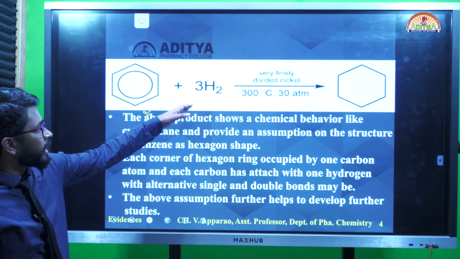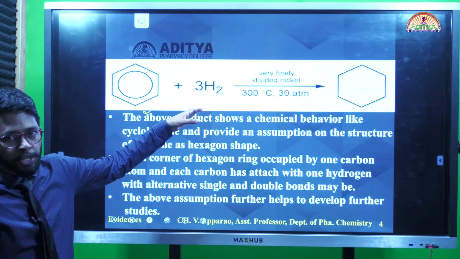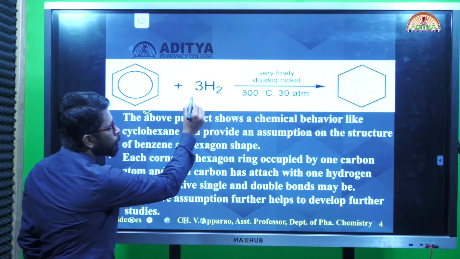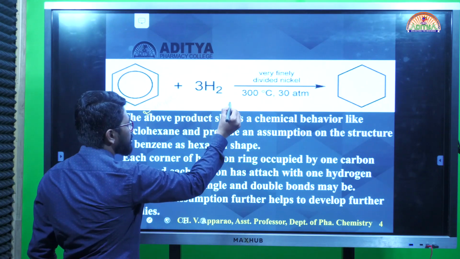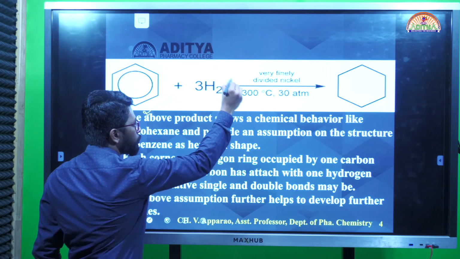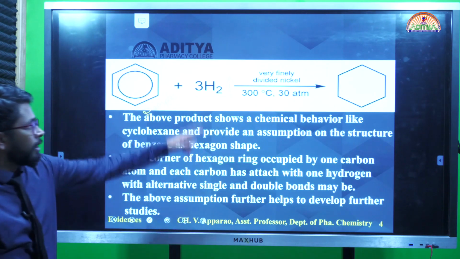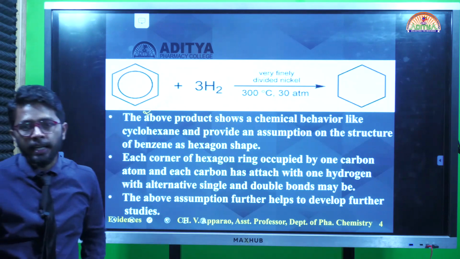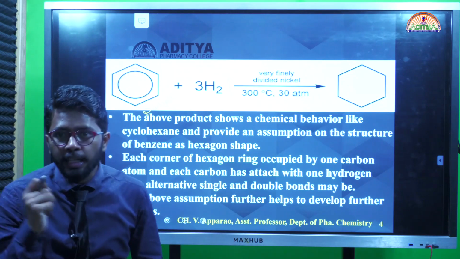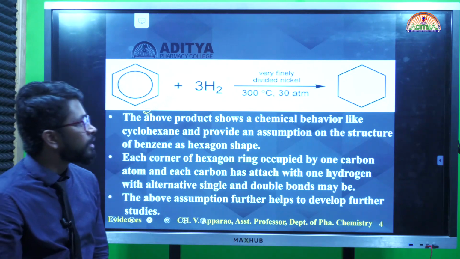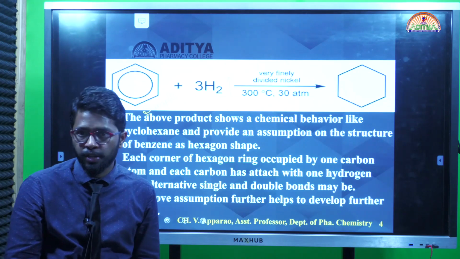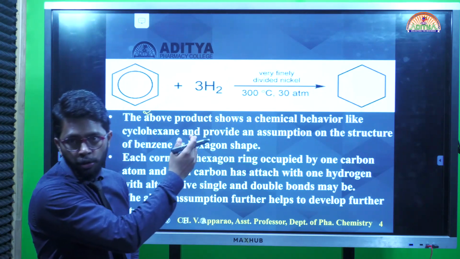Upon reduction of the benzene sample, I am going to do the hydrogenation. I am going to pass hydrogen gas into the sample with a finely divided nickel catalyst. I am using the metal as a catalyst, at 300 degrees centigrade and 30 atmospheric pressure. And what is going to happen there?